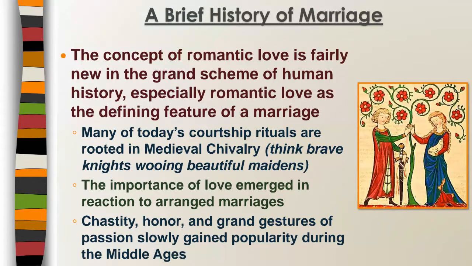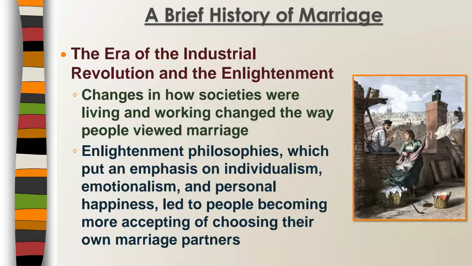So there were these efforts of grand gestures of love, chastity, honor, passion, right, that started to really gain more popularity during the Middle Ages. Then we get to, going back to chapter 1 of this class, the importance of the Industrial Revolution and the Enlightenment period that preceded it.